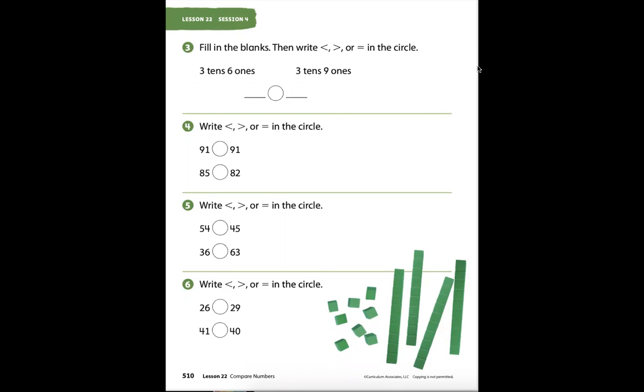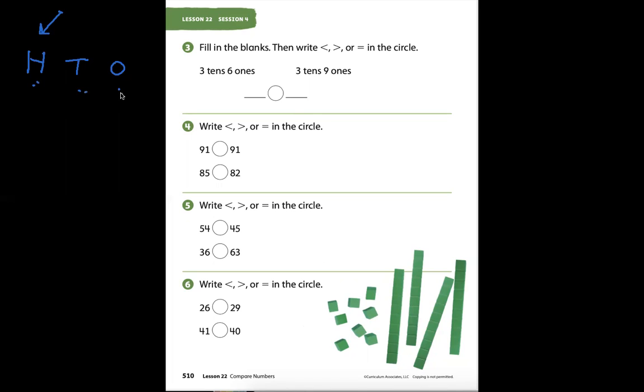What is very important about comparing numbers is understanding that we have to look at the greatest value of the digits. So if we have a hundreds place, a tens place, and a ones place, we look to the hundreds place first. Hundreds, tens, and ones.